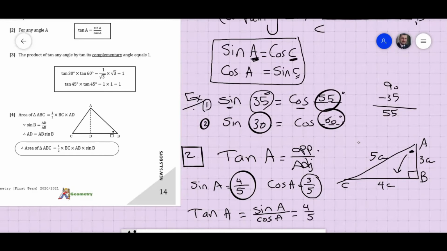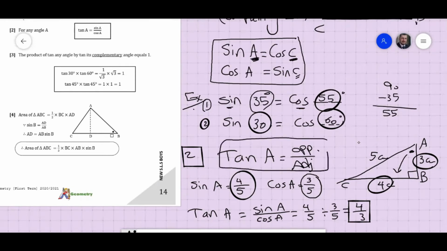It will be 4 over 5 divided by 3 over 5, which is 4 over 3. The same answer if I divide the opposite over the adjacent directly. This is the second rule. So tan any angle will be opposite over adjacent or sine over cosine of the same angle.